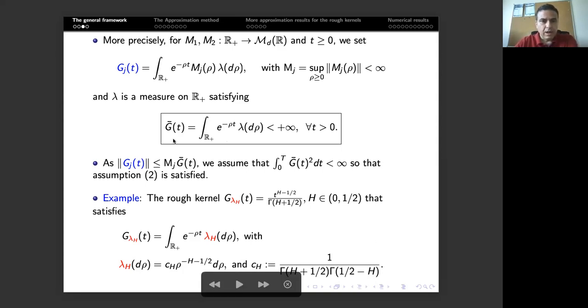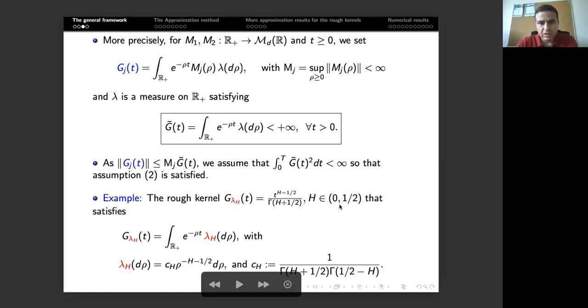So as an example for this kernel, we have the famous rough kernel, famous in finance. The rough kernel is of course a power, t to the power H minus 1/2, for H between 0 and 1/2.